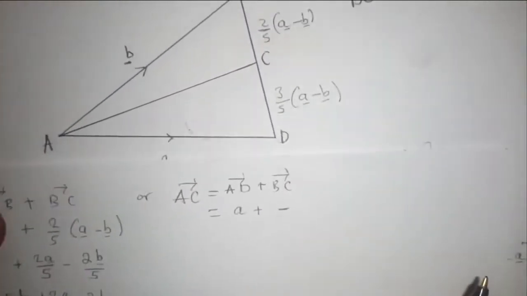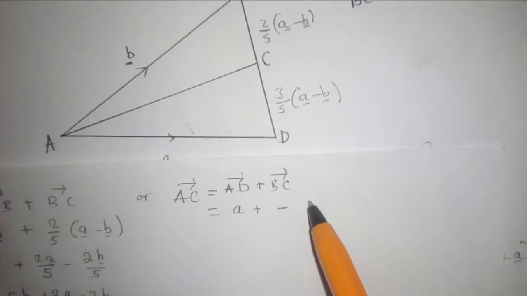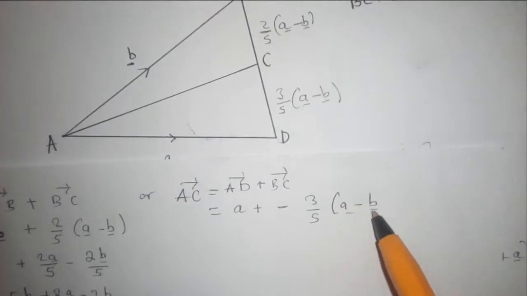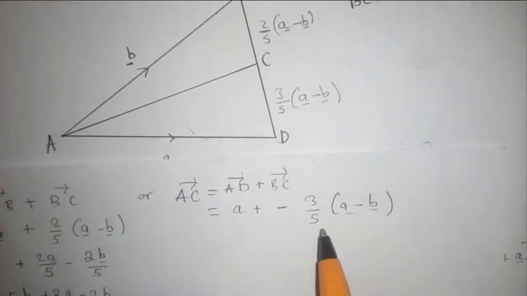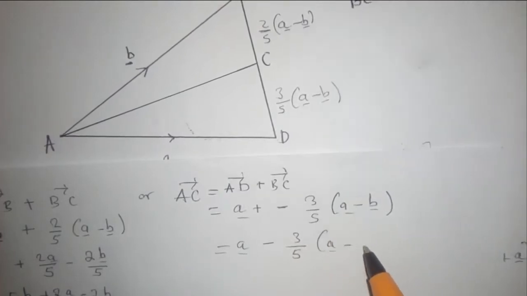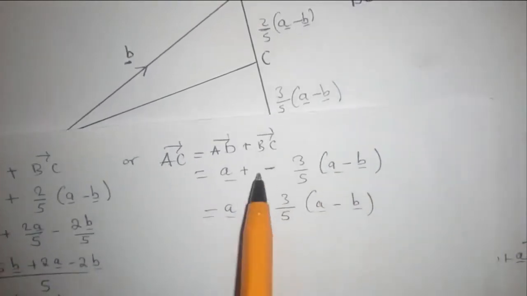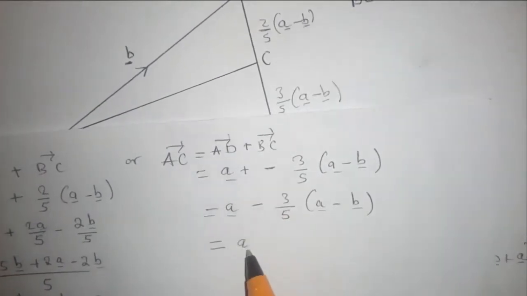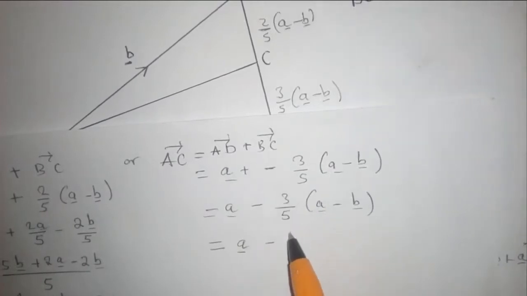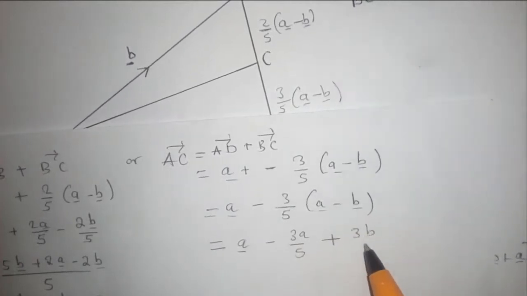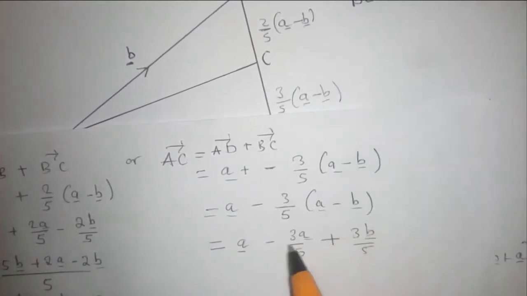We put a negative 3 over 5 a minus vector b there, okay? This is how it will look like. So here it will just be a negative 3 over 5, because positive by negative will just be negative. And then when we distribute, here it will be positive 3b over 5.